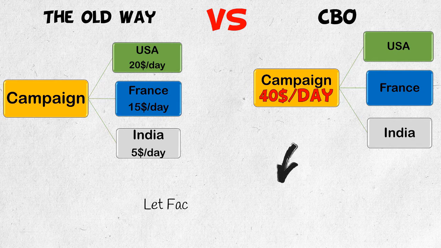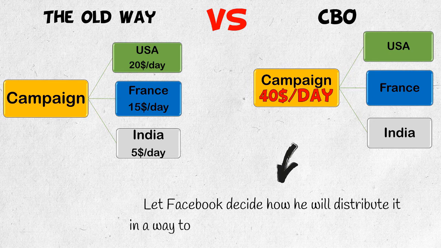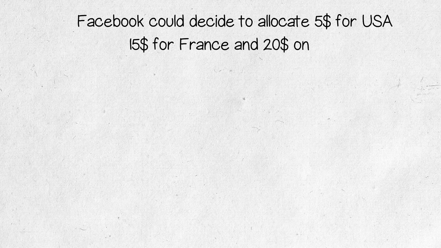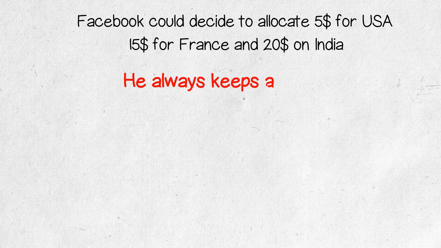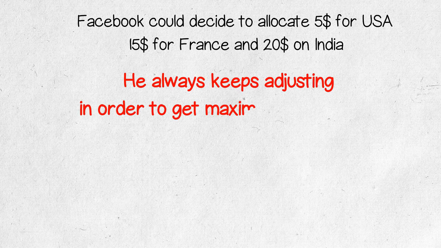And let Facebook decide how it will distribute it in a way to maximize the conversion you asked for. For example, Facebook could decide to allocate $5 for USA, $15 for France, and $20 for India, and it always keeps adjusting in order to get maximum conversions.